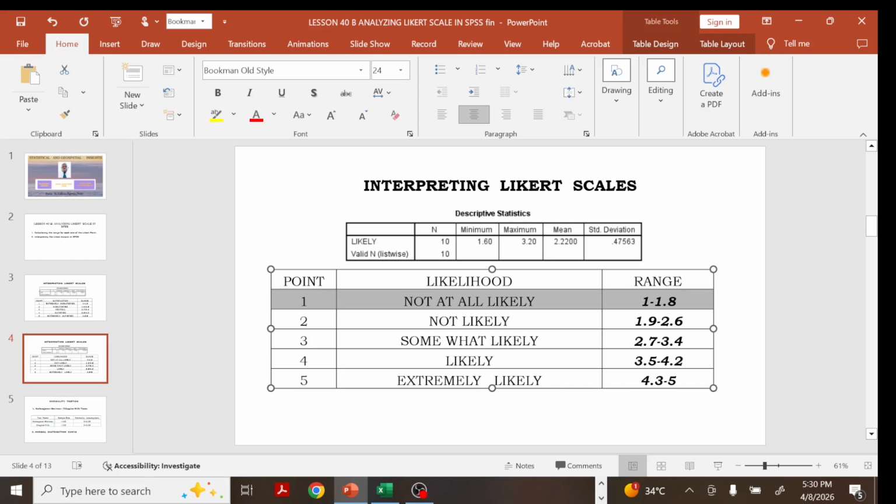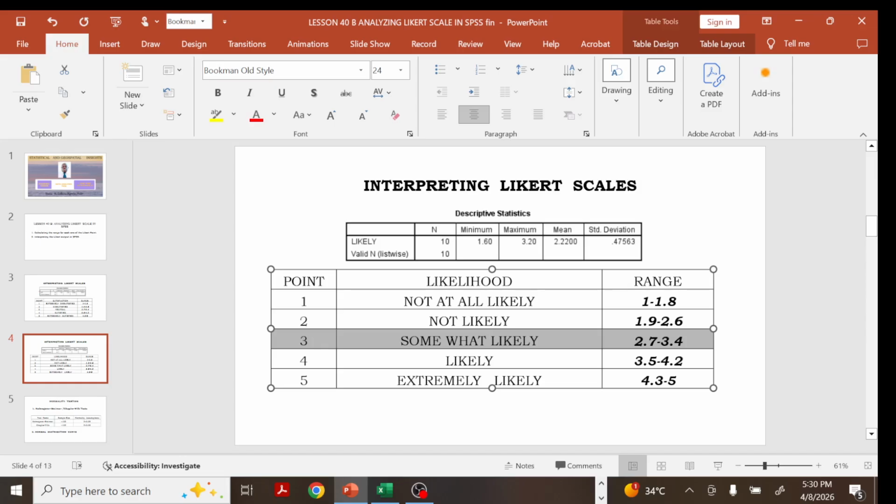The next one is 3.20, which is the maximum, and you can see that 3.2 falls between 2.7 and 3.4. This is the range for somewhat likely. So what does it mean? It means that the maximum number of respondents, which is the majority actually, are hesitant to recommend the products to others.